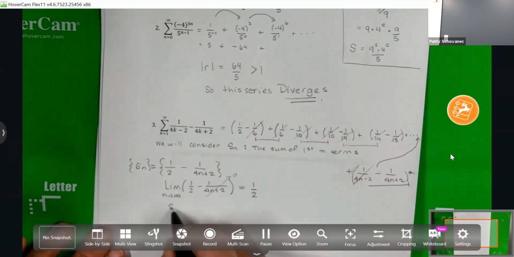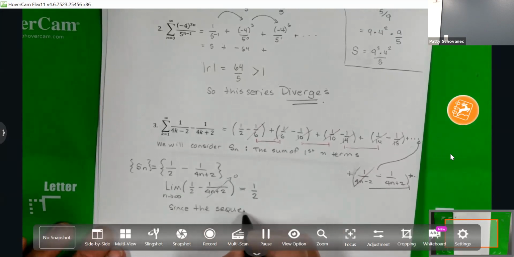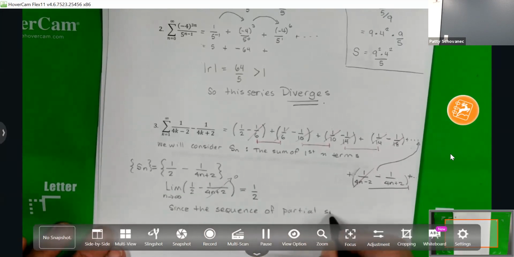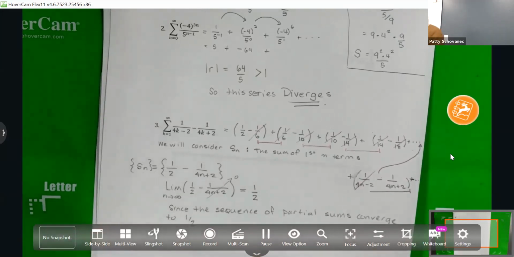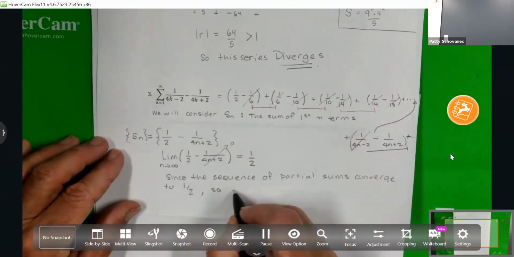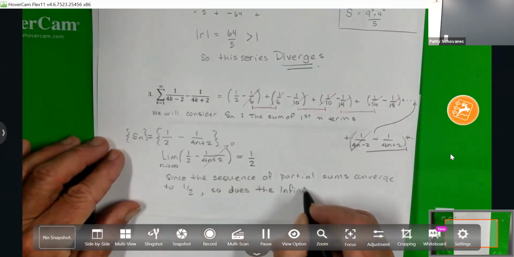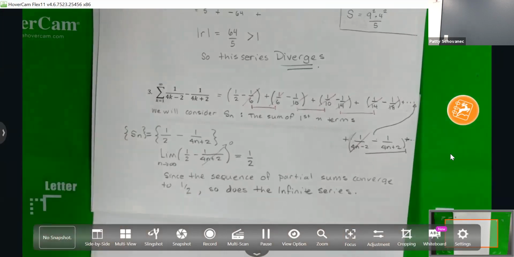So since the sequence of partial sums converges to 1/2, so does the series. Maybe we'll just call that our partial sums test.